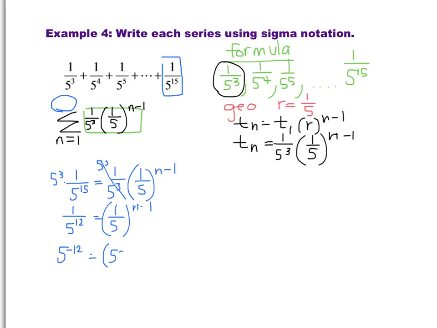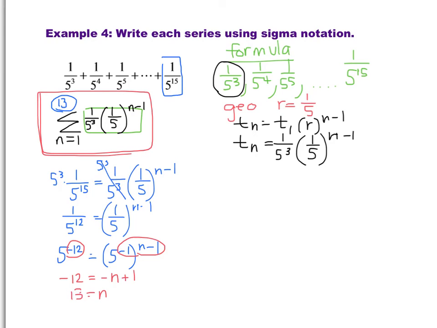Inside parentheses, this is 5 to the negative 1. And now we can see that these exponents can be set equal because they have like bases. So we get negative 12 equals negative n plus 1. And then we get that n is 13 once we rearrange that. And then that's our upper bound, 13. And so there we go. We have our full answer in sigma notation. I'll box that so it's clear.